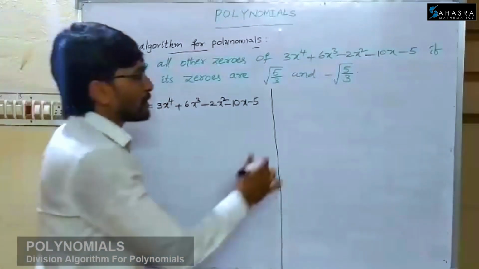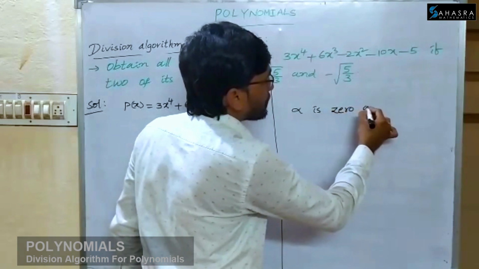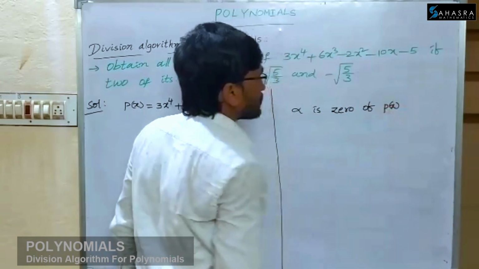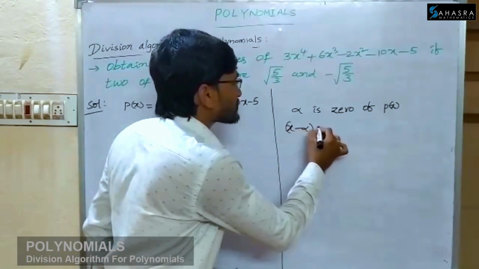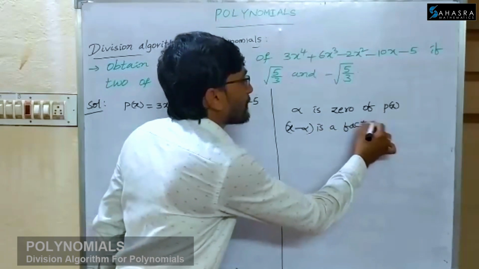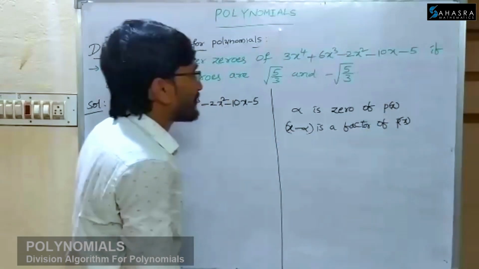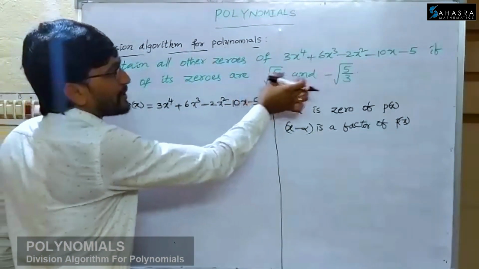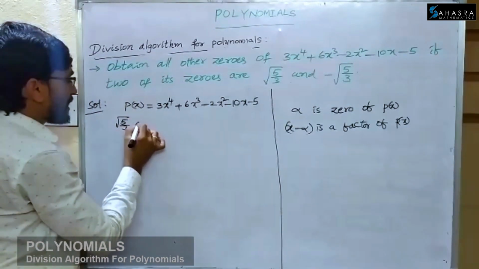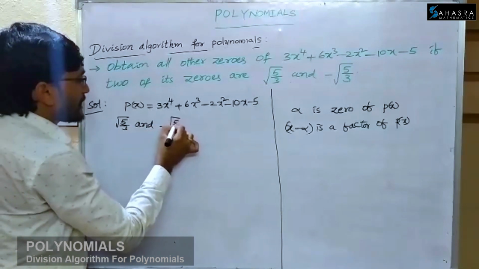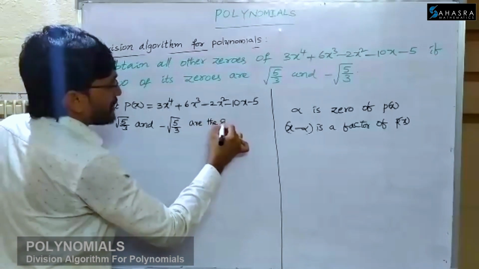So already we know, if alpha is a zero of p of x, then x minus alpha is a factor of p of x. Here the given zeros are root of 5 by 3 and minus root of 5 by 3. So root of 5 by 3 and minus root of 5 by 3 are the given zeros.